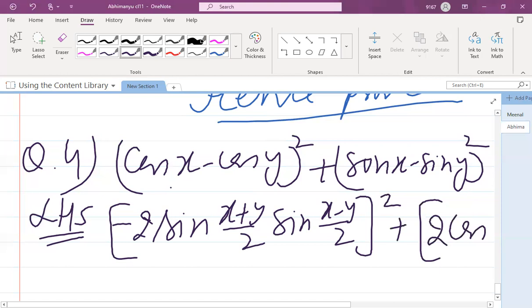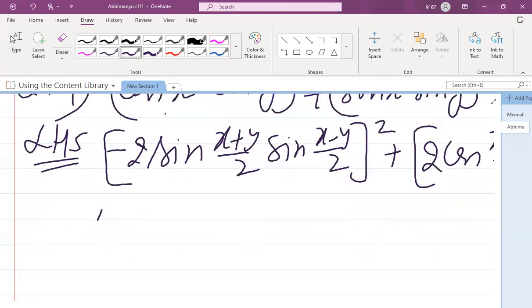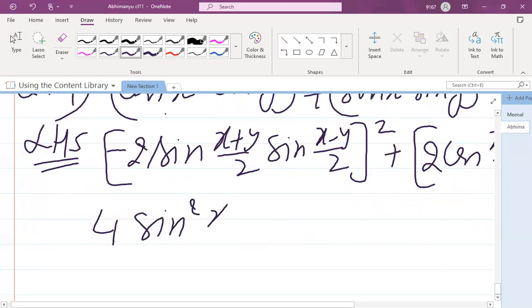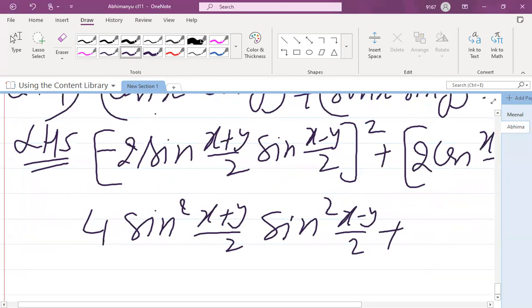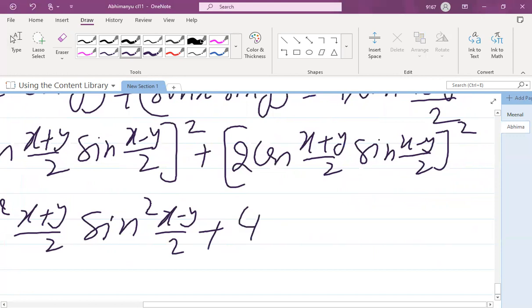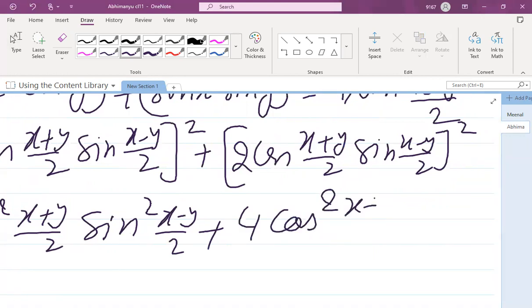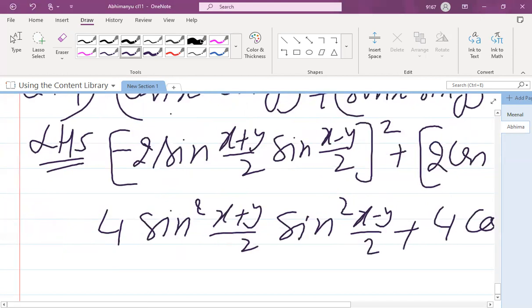Now minus 2 square is 4, so this will be 4 sin square x plus y by 2 sin square x minus y by 2 plus 4 cos square x plus y by 2 sin square x minus y by 2. 4 sin square x minus y by 2 is common in both terms.